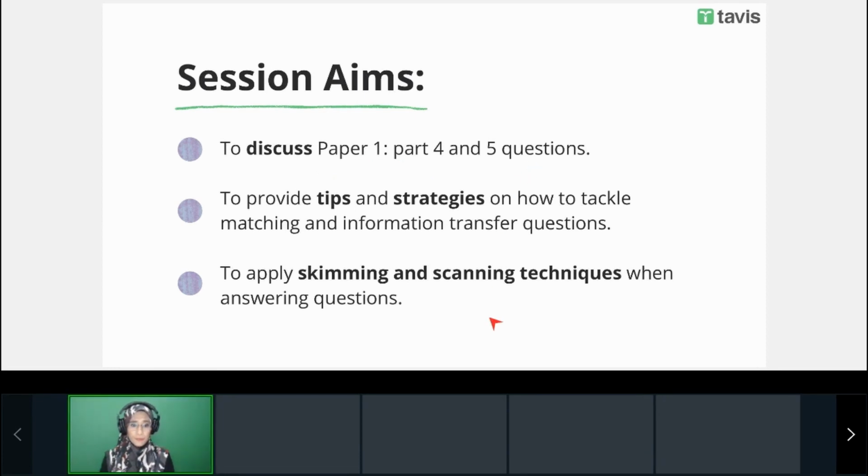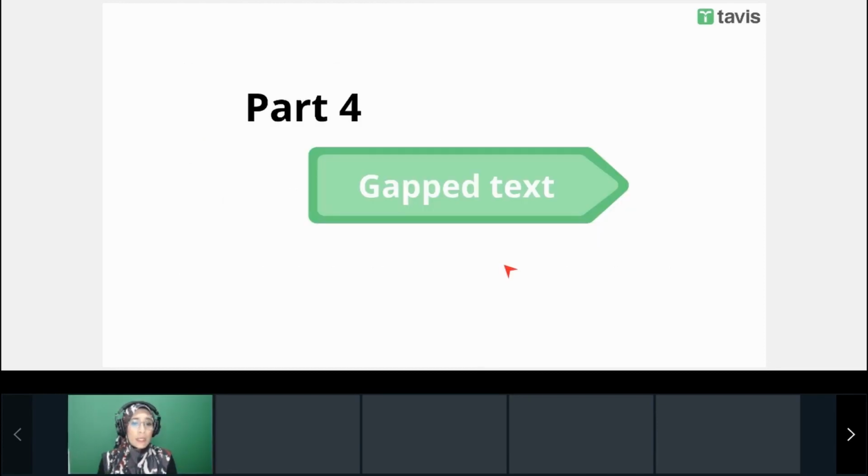Now, as I mentioned before, I had shared with you some tips, and we are going to use that tip for today. And what do you think the tip is? Now for part 4, it's all about gap text. We are going to apply this tip here.